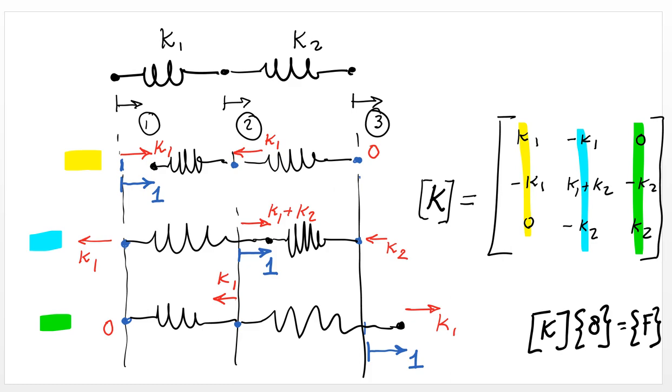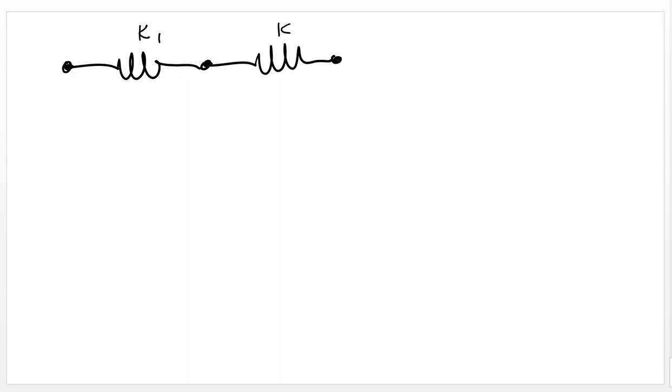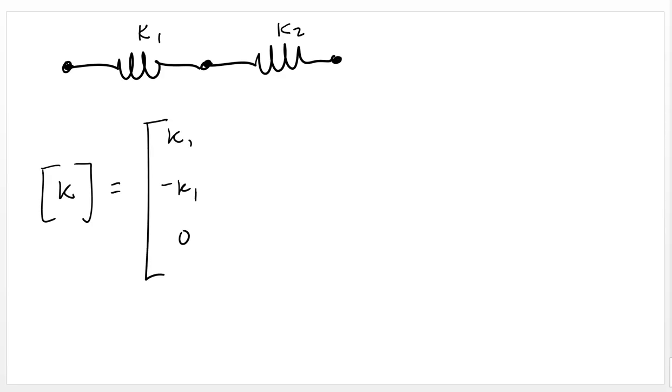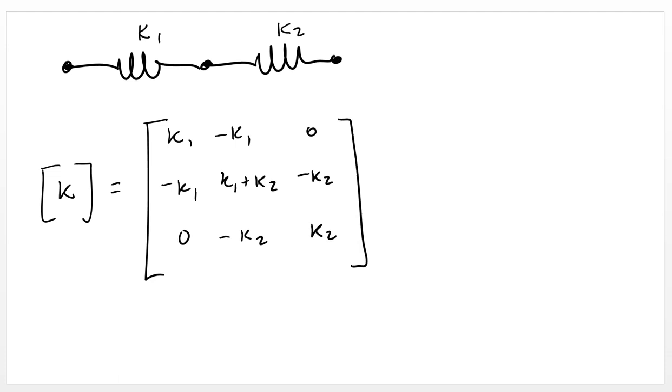Okay, now another quick interesting thing before we finish is that, as you can see, for this system our matrix is 3 by 3, and maybe you've already noticed this, but in case you haven't, the stiffness matrix of the whole thing, as we just found out, is K1, minus K1, 0; minus K1, K1 plus K2, minus K2; 0, minus K2, K2. Now think about that.